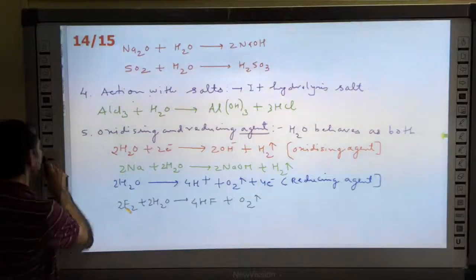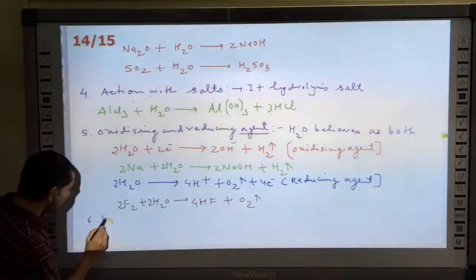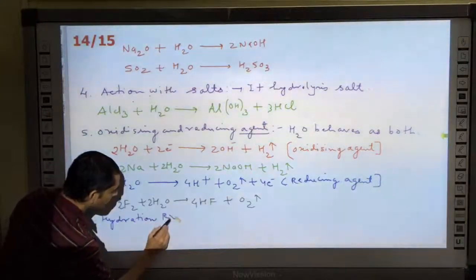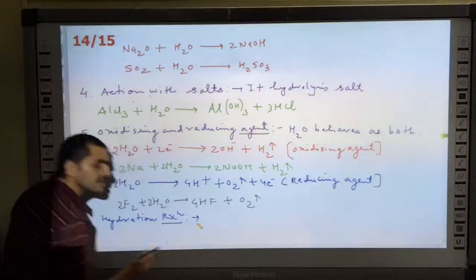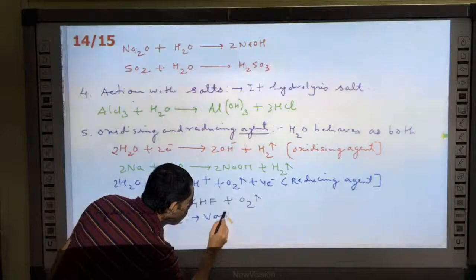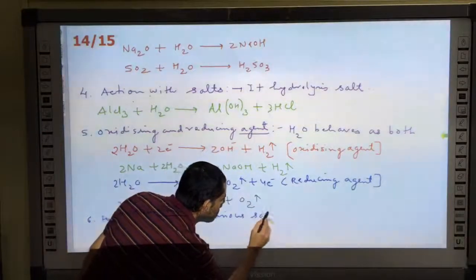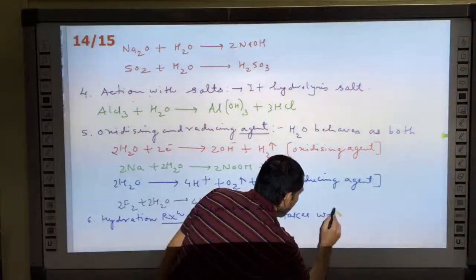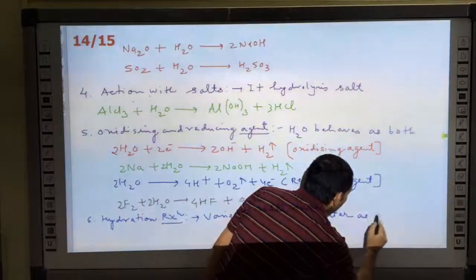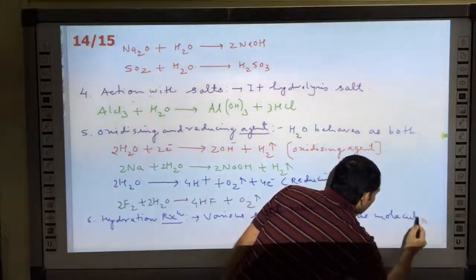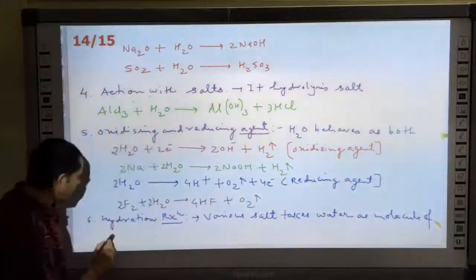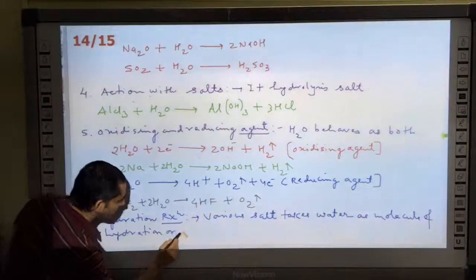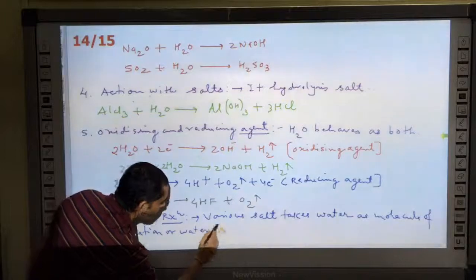Okay. Number 6 property, hydration. Hydration reaction. There are various salts that take water as molecule of hydration or water of crystallization.